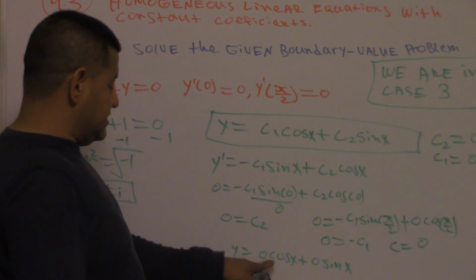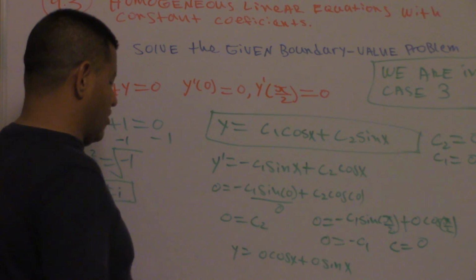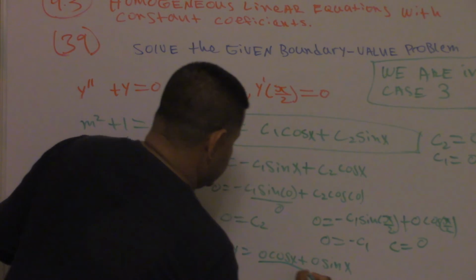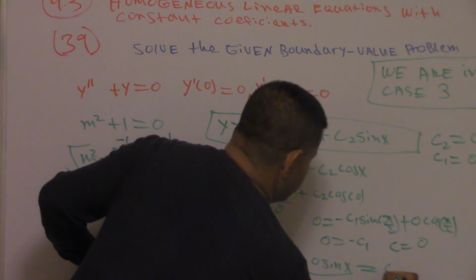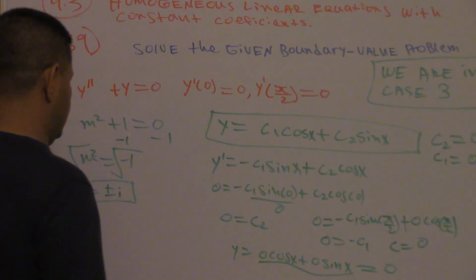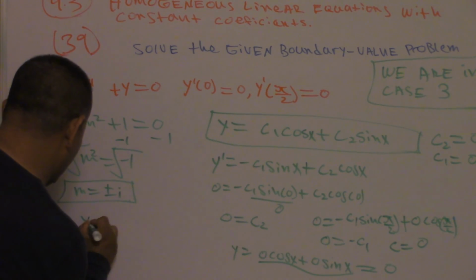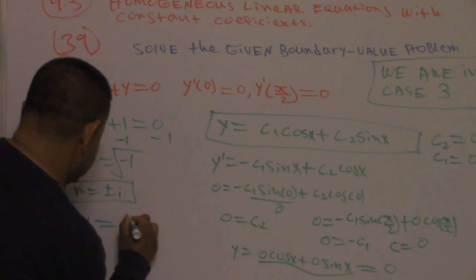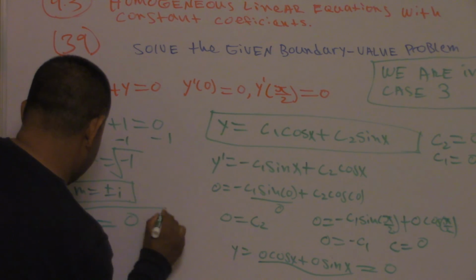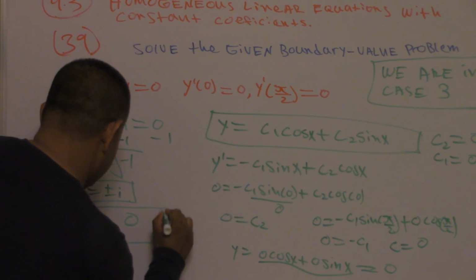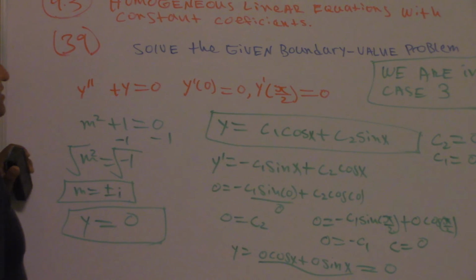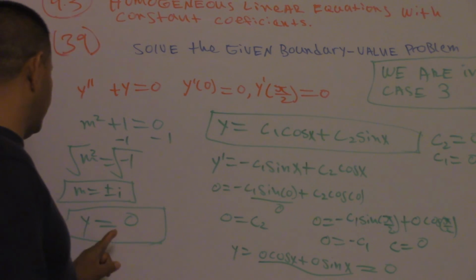So in this case, this goes to 0, and this goes to 0. So the answer for this is y equal 0. Okay, so that is the final solution for the differential equation.